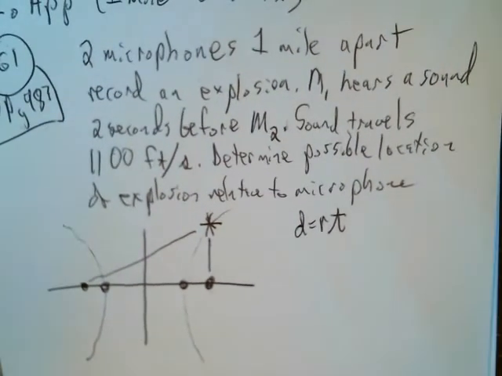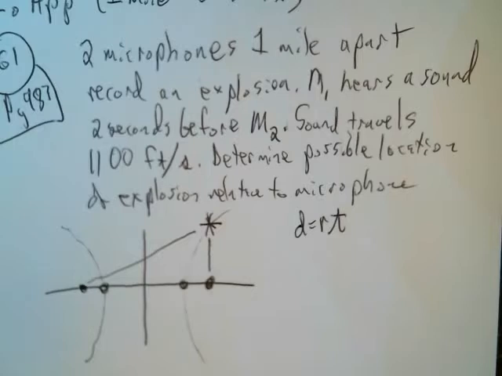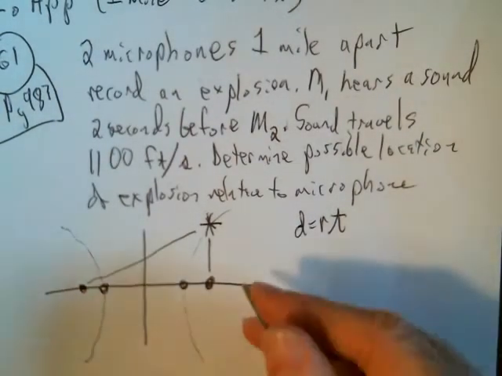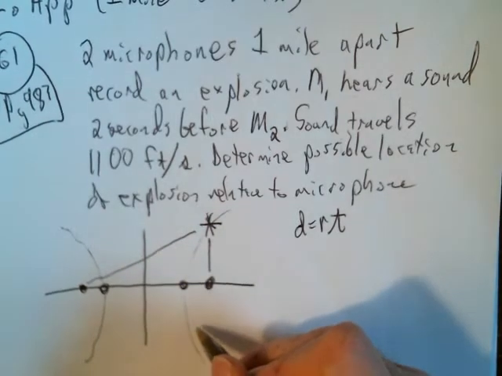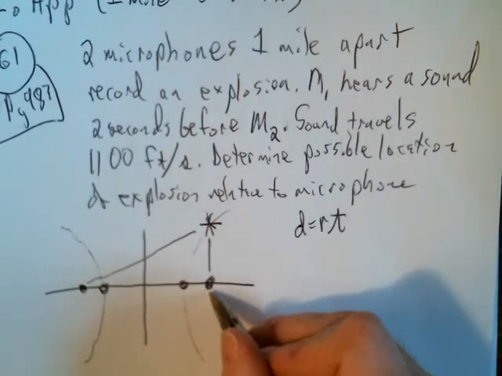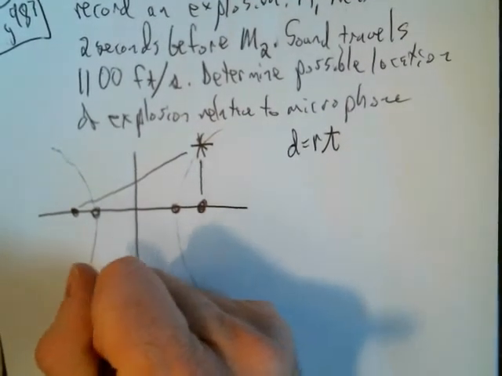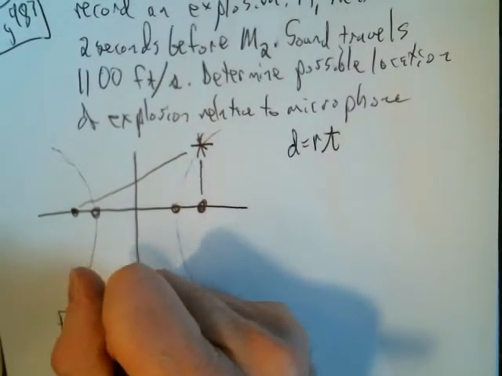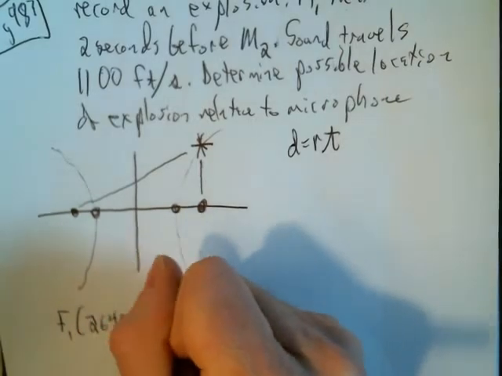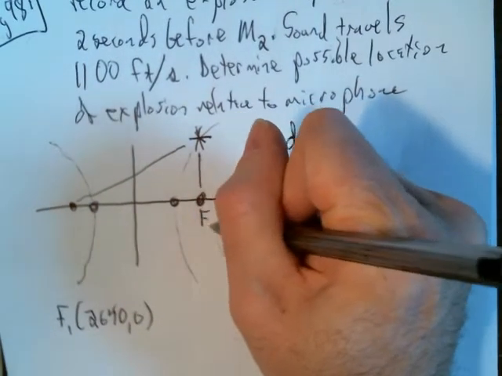Right, so microphone 1 hears a sound 2 seconds before microphone 2. The 2 microphones are 1 mile apart, so in particular, the position of the first foci we can say is (2640, 0). So this is foci 1.